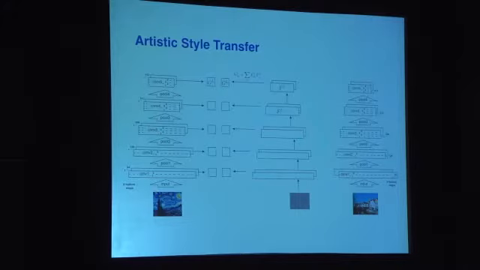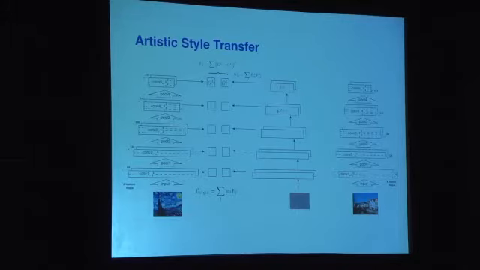We do that on a number of layers of the network and get a loss function that is a linear combination of the loss functions in the individual layers, which measures how far away the style or the texture of our generated image is from the texture of the painting.